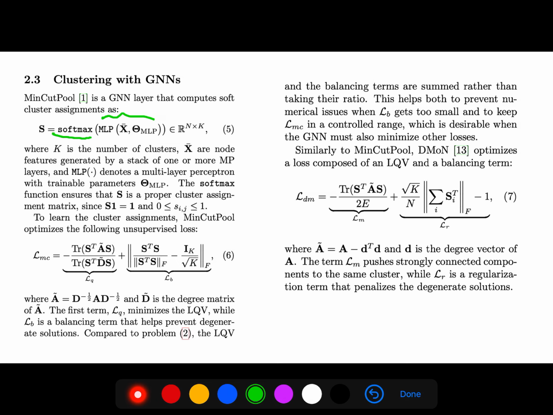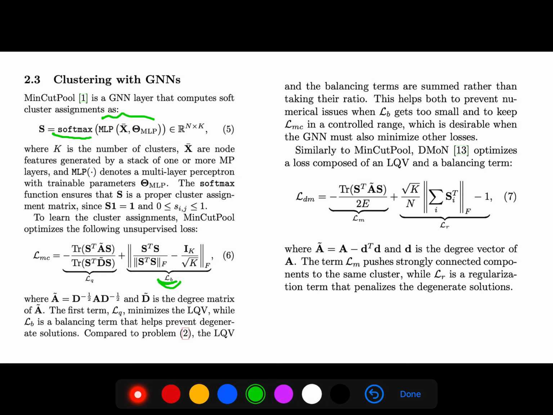So to learn the cluster assignments, MinCut pool optimizes the following unsupervised loss, if you remember. The first term minimizes the LQV, local quadratic variation, while L sub B is the balancing term. This is the balancing term that helps prevent degenerate solutions.